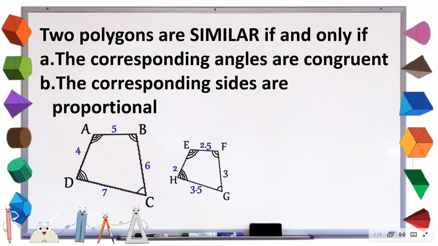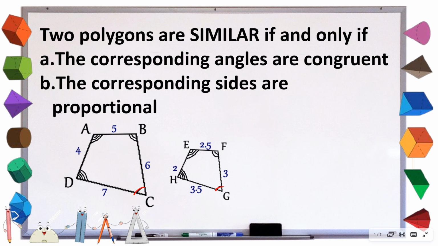Okay, let's have a specific example. We're given here polygon ABCD and another polygon EFGH. In this given, we can see the marks that indicate that this angle is congruent to this angle.